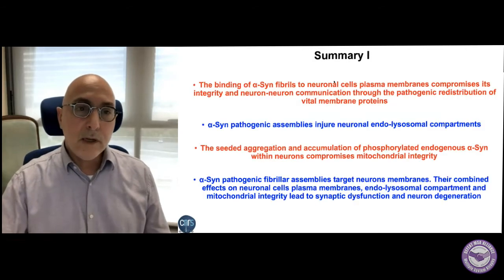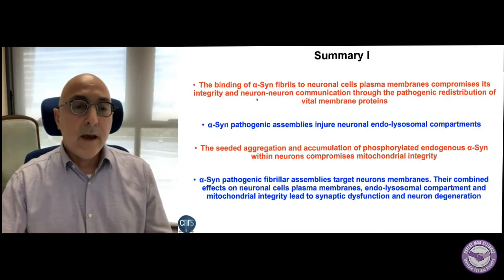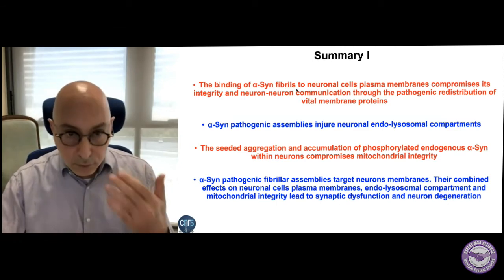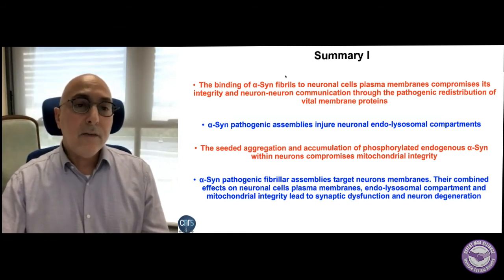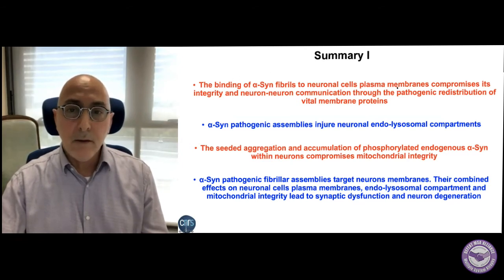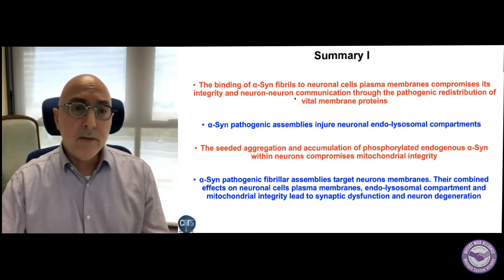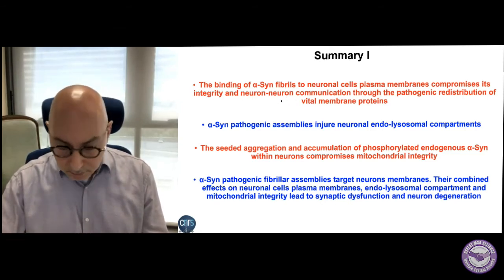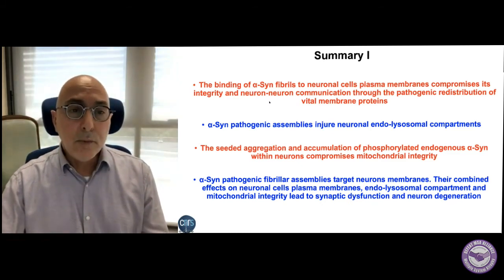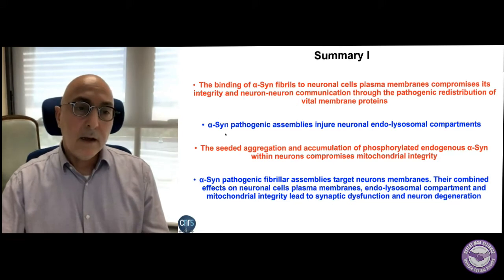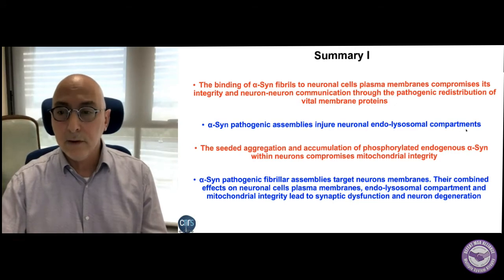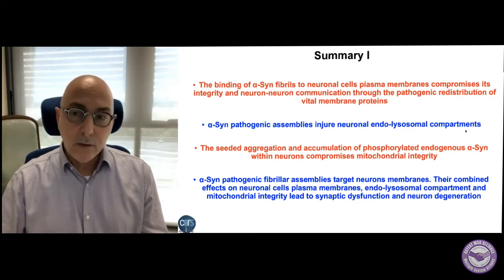So to summarize what I showed you so far, I'm restating it on this slide. Alpha-synuclein fibrils bind to the neuronal cell membrane. They compromise the integrity of this membrane and compromise neuron-neuron communication by redistributing important proteins at the surface of the cell. I also showed you that alpha-synuclein aggregates injure the neuronal endolysosomal compartment and reach the cytosol.